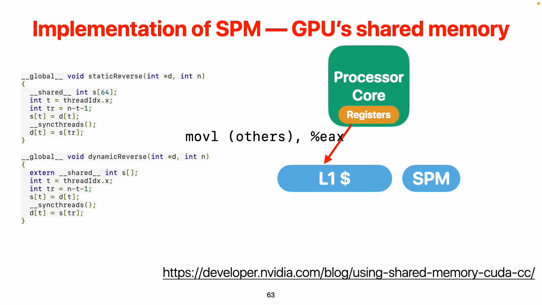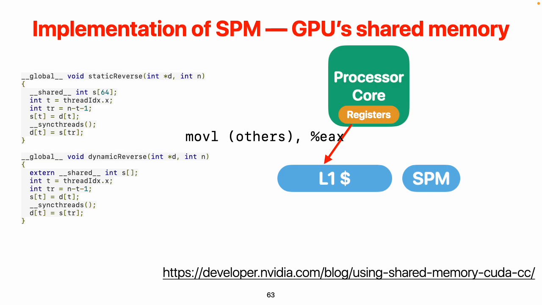And the memory controller would know that for this range of addresses, we should automatically go into the scratchpad memory and access the corresponding offset. In this way, you don't actually need a tag.